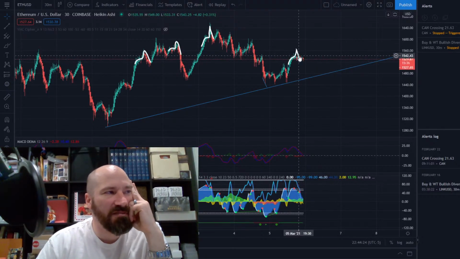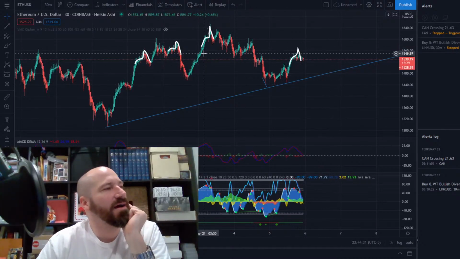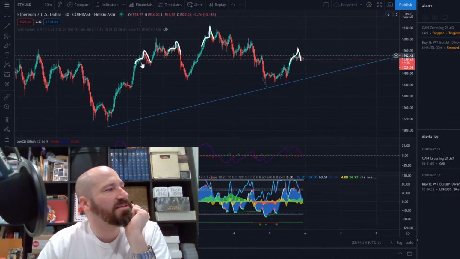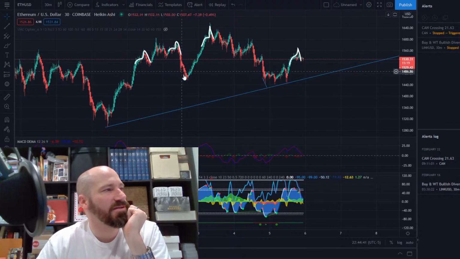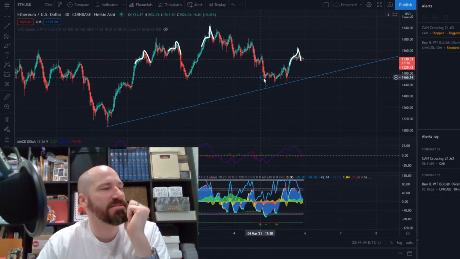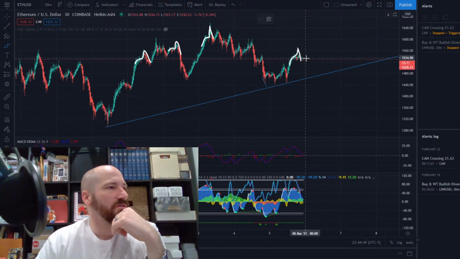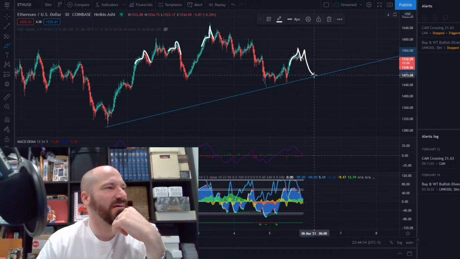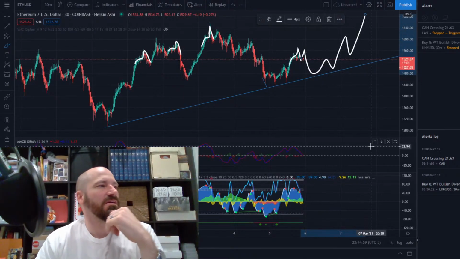I drew this before it even happened. I was like, Ethereum likes to do this. It has like this rounded and then a sharp little peak and then a downward. And then rounded, sharp peak downward, rounded, sharp peak downward. And that's like their thing. I wonder if we get this kind of thing. That would be funny. Huh.